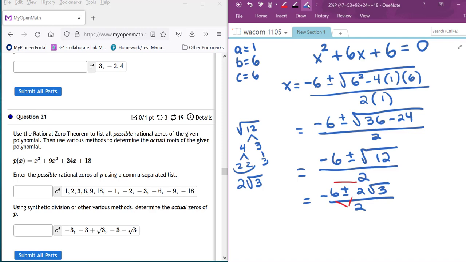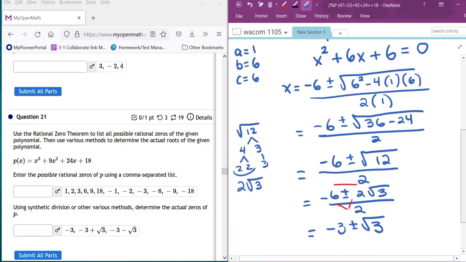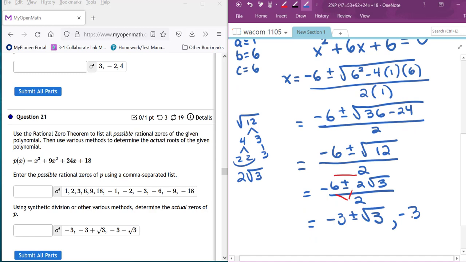So it can divide out, and this will give us negative 3 plus or minus the square root of 3. So that is 2 of your zeros. They are irrational because you cannot write square root of 3 as a fraction. And then our other 0 was negative 3. So those are our zeros, and there you go. Negative 3 plus the square root of 3, and negative 3 minus square root of 3.